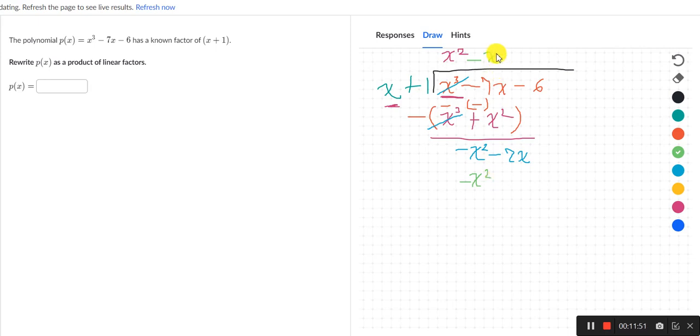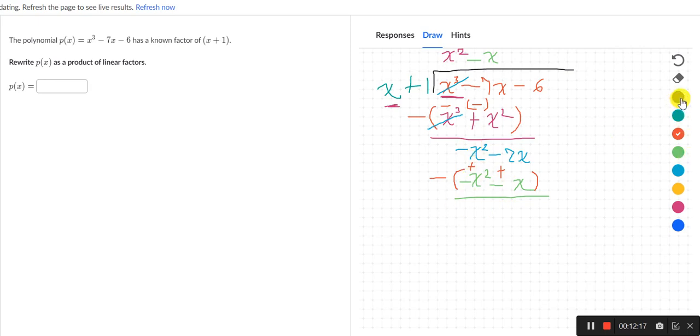Okay? And you need to multiply by both. Negative x times 1 is negative x. Again, really important is to change the sign every time you're subtracting. So this will be a positive sign, and this will also have a positive sign.